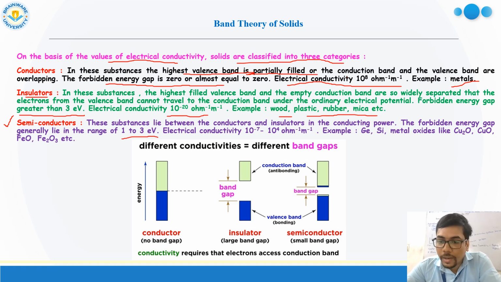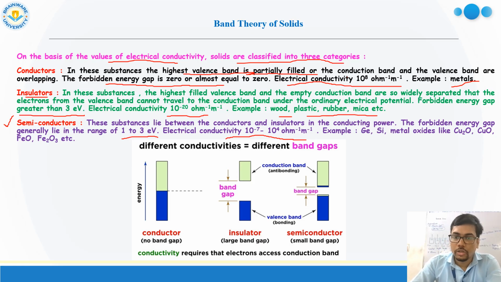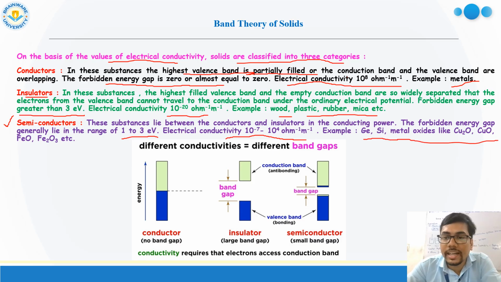So after applying some amount of thermal energy, or if you place it in an electrical potential, then it can conduct electricity by the transfer of electrons from the valence band to the conduction band. But here also the value is obviously lower than that of a conductor, that is 10 to the power minus 7 to 10 to the power 4 ohm inverse meter inverse. So the examples are germanium, silicon, metal oxides like Cu2O, CuO, etc.